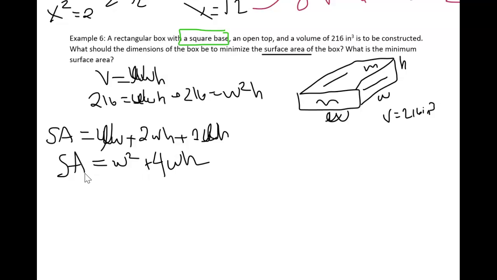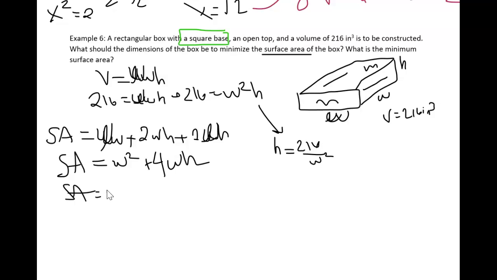So from here, surface area is what I'm trying to minimize. And I've got 2 variables, but I also have a secondary restriction equation that I can use to help. So I'm going to take this restriction equation and I'm going to resolve it for H. It doesn't really matter if you solve it for W or H. I'm choosing H just because H is simpler to isolate algebraically.